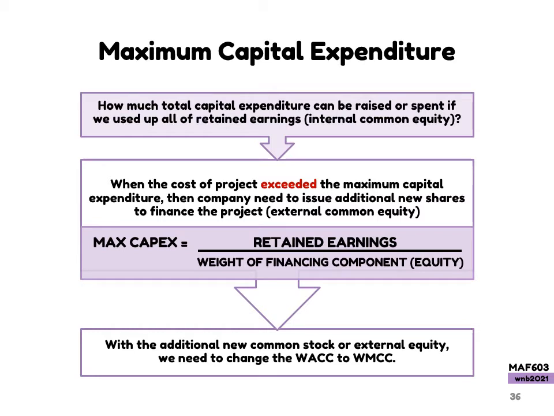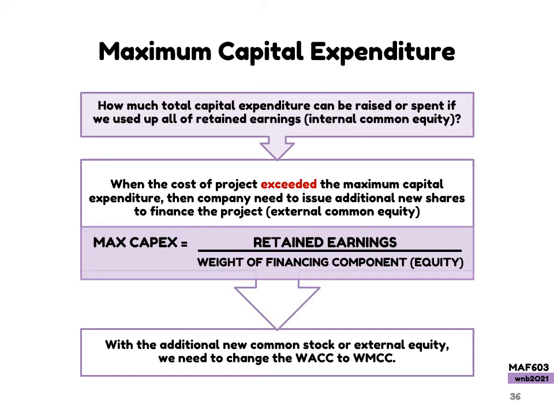Jadi perlu tak dia untuk issue or raise external common equity. Okay, yang internal common equity semua dah habis guna. So bila dia nak fund one particular project, perlu atau tak untuk company tu untuk issue external common equity.